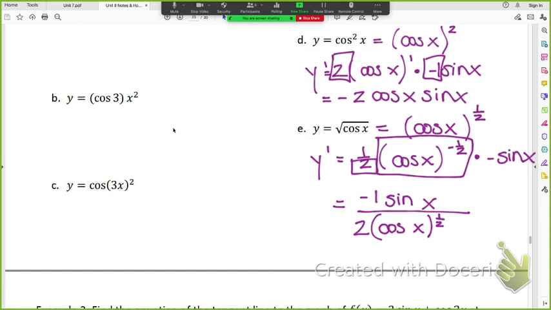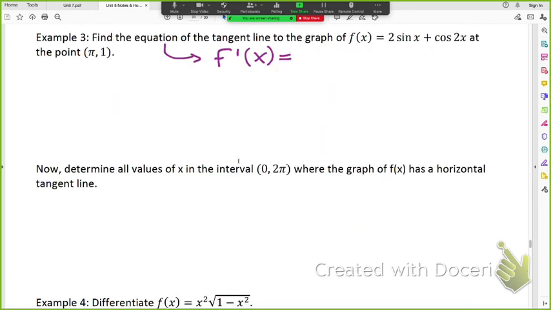All right. This one is interesting because there's 2 different terms. Remember that when we did derivatives initially, if there is a plus sign, I do the 2 derivatives separately. Is the derivative of 2 sine of x complicated to find?